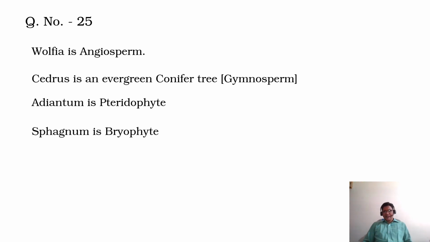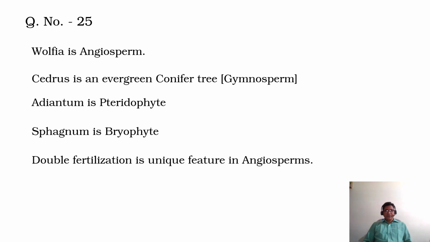Sphagnum is a bryophyte. Now the question is where double fertilization is found. Double fertilization is a unique feature of angiosperms. So among the plants given here, Wolffia is an angiosperm. Then double fertilization takes place in Wolffia. Option 1.